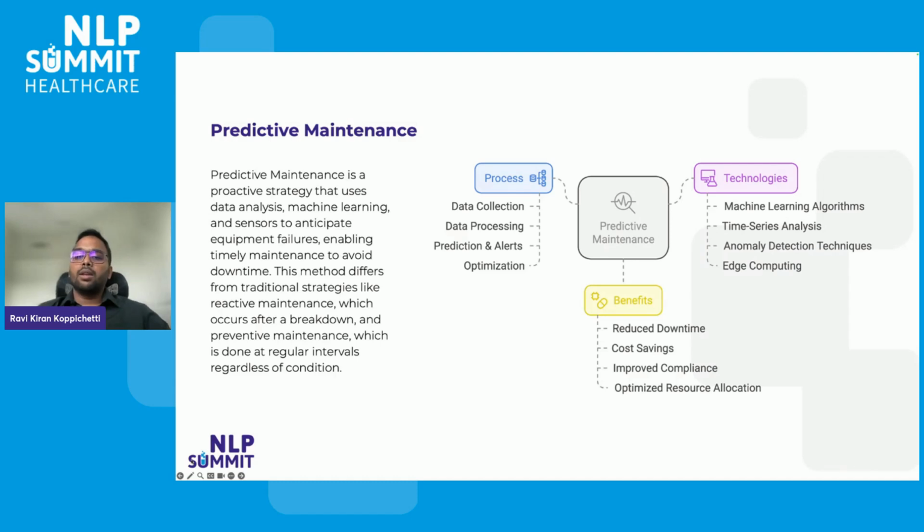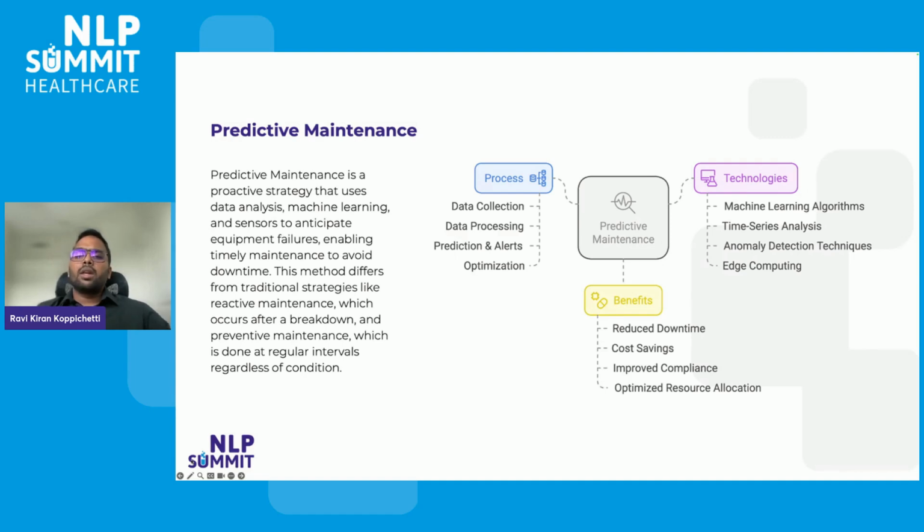This information is then analyzed using advanced machine learning models that identify historical trends, detect anomalies and predict potential failures. When a problem is identified, alerts and recommendations are generated, allowing maintenance teams to intervene before any failure disrupts the production.